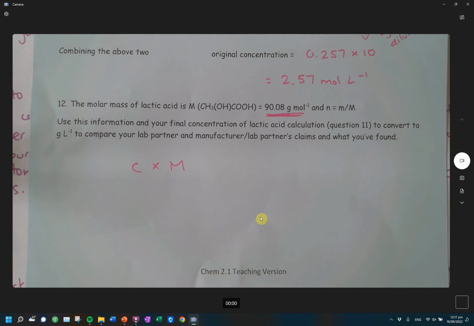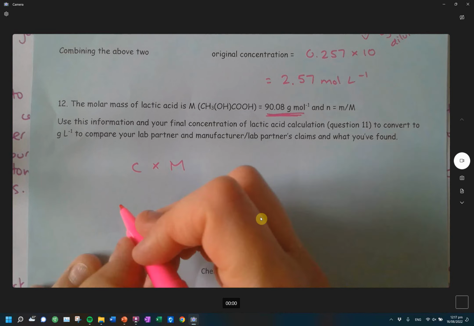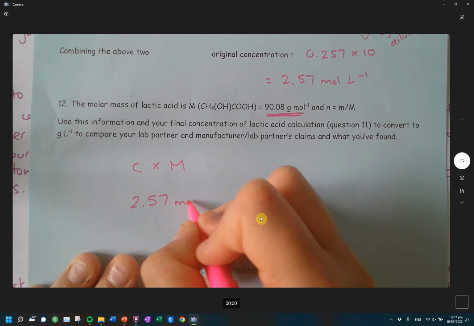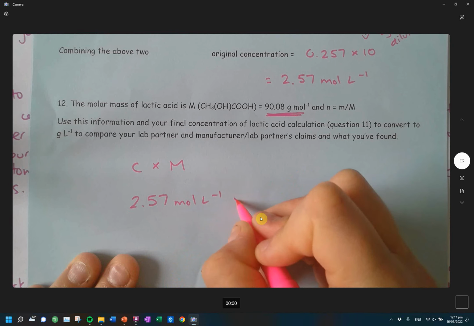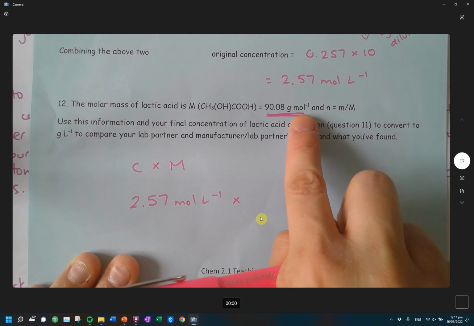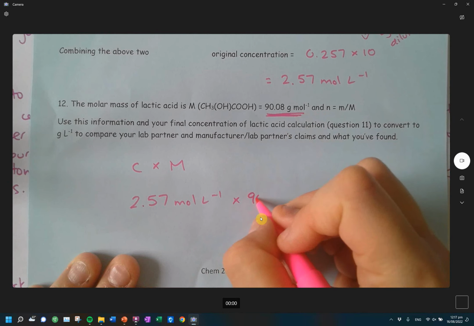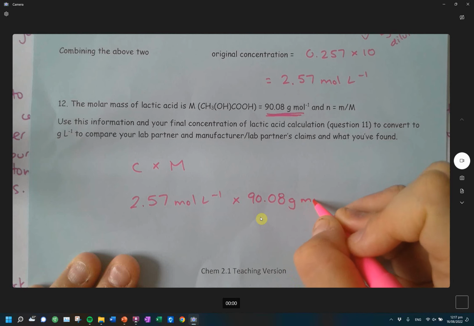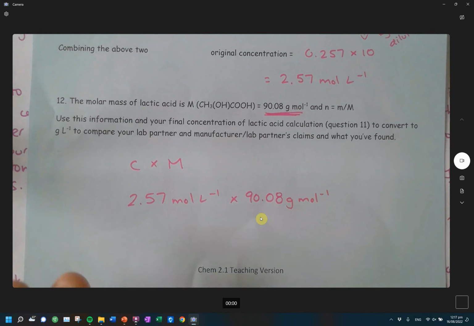We don't have to worry about moving any of the units when it comes to the liquid. So I have 2.57 moles per liter. I am multiplying it by the molar mass from over here, which is 90.08 grams per mole. And again, you know I love to write down my units so I can double check to make sure I'm doing my math properly.